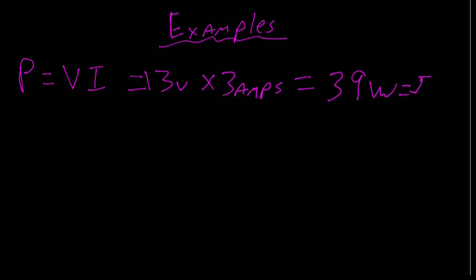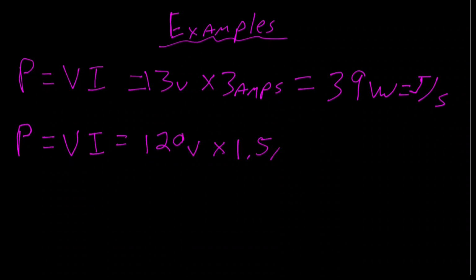Okay, in the second example, let's take a light bulb. So how many watts is this light bulb going to be utilizing? So power equals voltage multiplied by current, and we have a 120 volt source. And we have 1.5 amps running through the circuit.